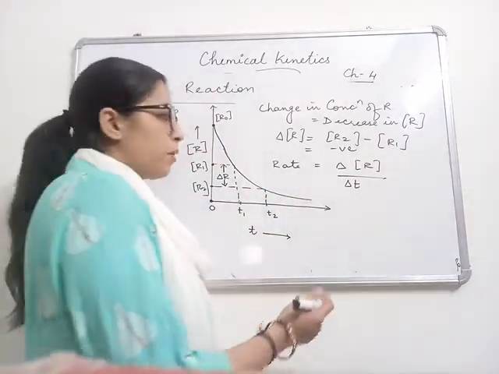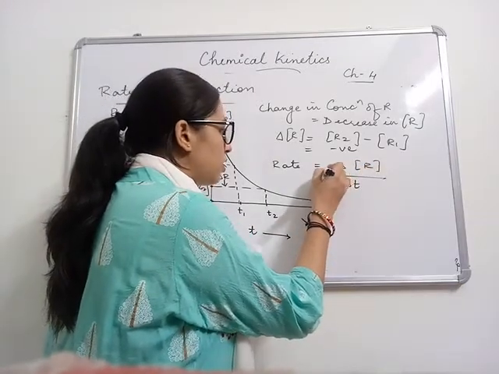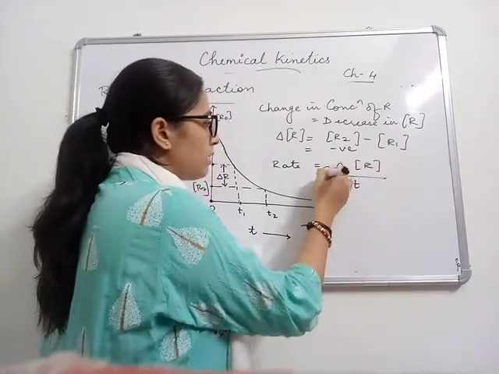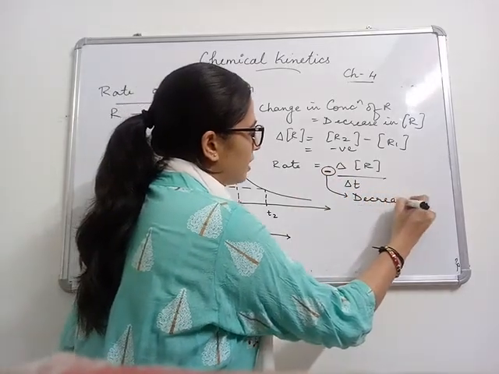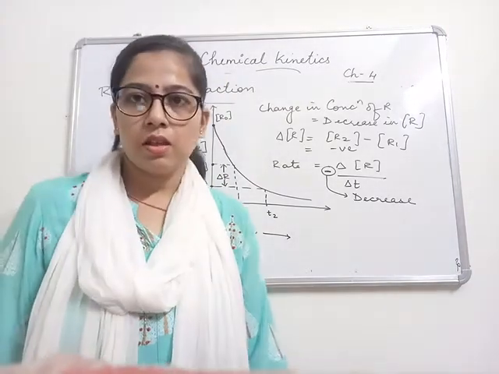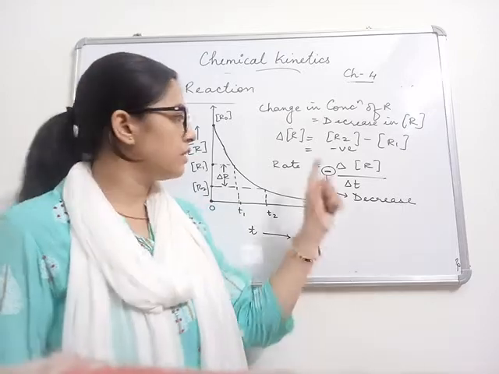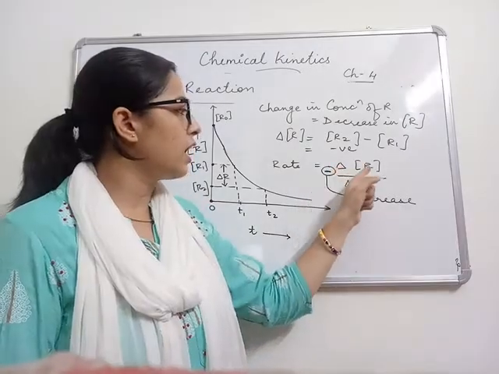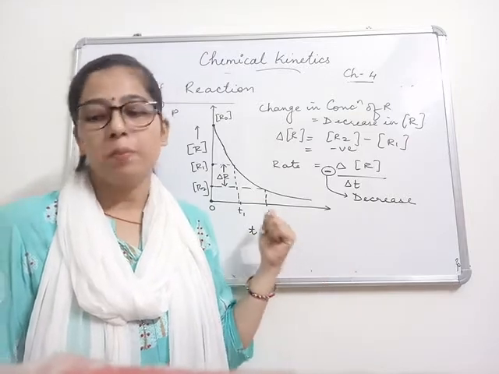So in order to make it positive, we will always write with respect to reactant a minus sign. This minus sign is used to indicate that the concentration of the reactant is getting decreased. So whenever you write the formula for the rate with respect to the reactant, it is negative delta R upon delta T. Why is it negative? So that the rate becomes positive.